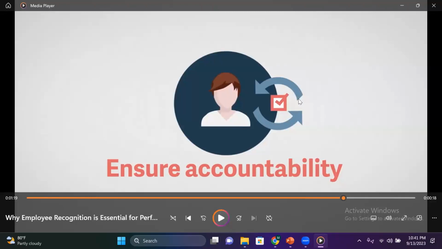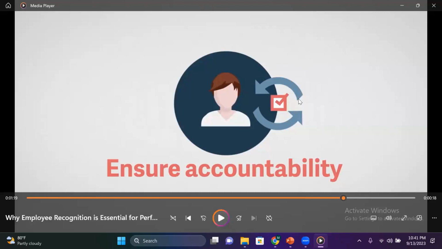So, ensure accountability. What do you mean by ensuring accountability? Accountability means the employee is accountable for what he needs to do. For example, a surgeon is accountable for the surgery he has done.